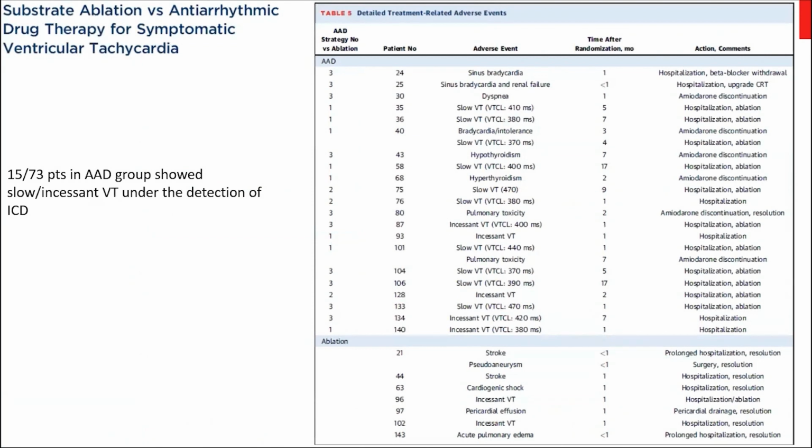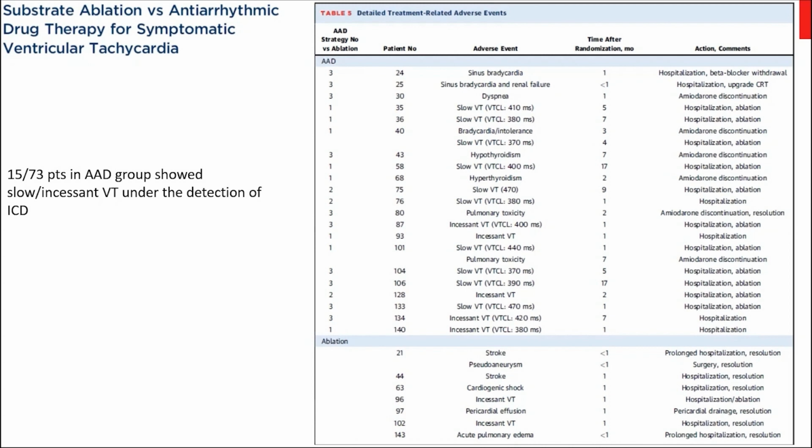Patients that were treated with drugs had an impressive series of recurrent hospitalizations due to slow VT that almost invariably required ablation. So these were patients that were initially randomized to drug treatment. And it really shows the downside of a drug-based treatment that actually affects prognosis, as you see here.